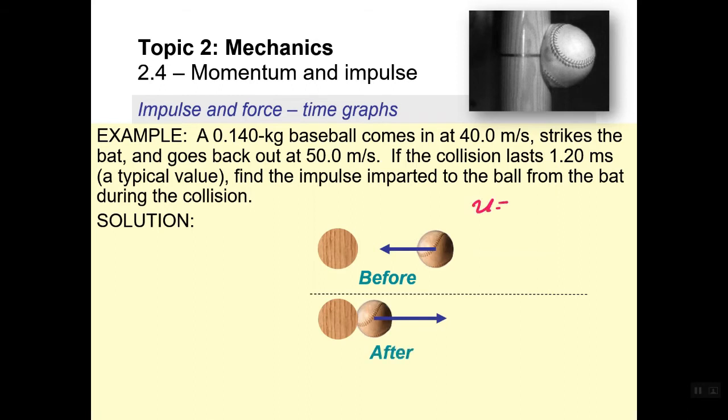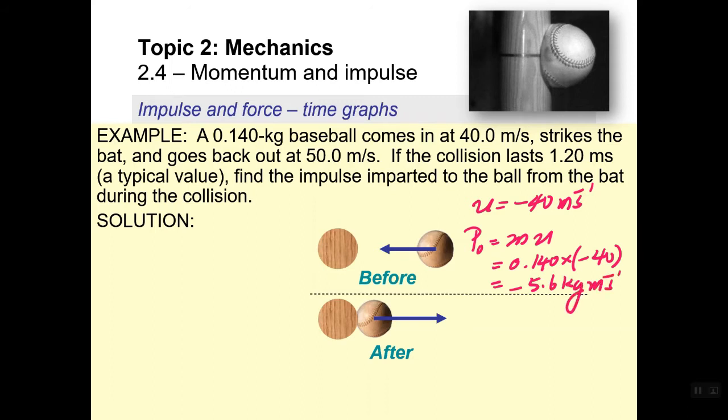So the initial velocity is minus 40 meters per second. The initial momentum of the baseball is mass times velocity, 0.14 kilograms times minus 40, which gives minus 5.6 kilogram meters per second.